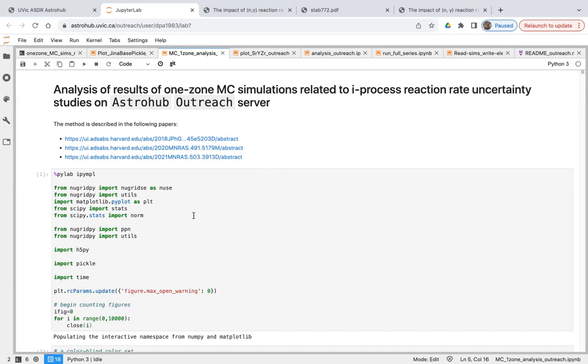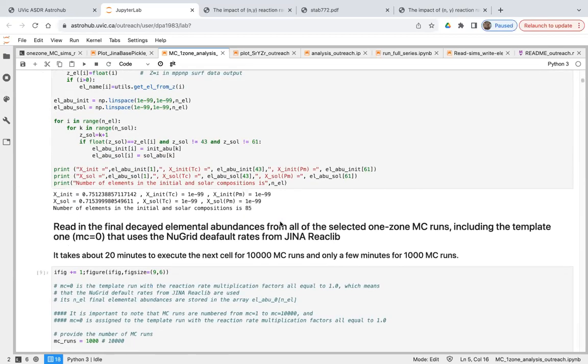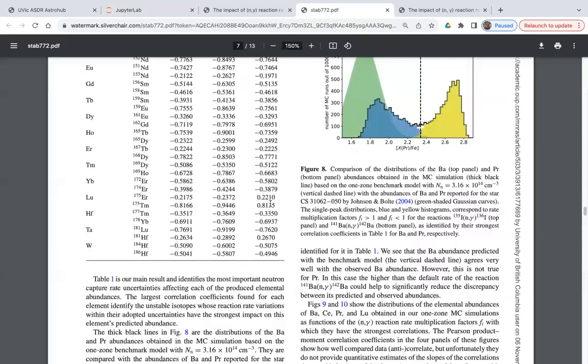I mean, you can try to use a different neutron number density. In this template notebook, as you remember, I used neutron density 3.16 times 10 to the 13. You can try, for instance, 3.16 times 10 to the 14, another high neutron density. And of course, if you change neutron density, results of analysis will be different.